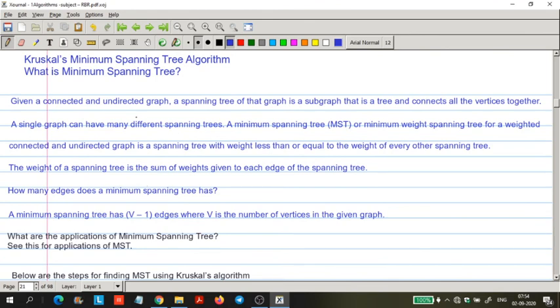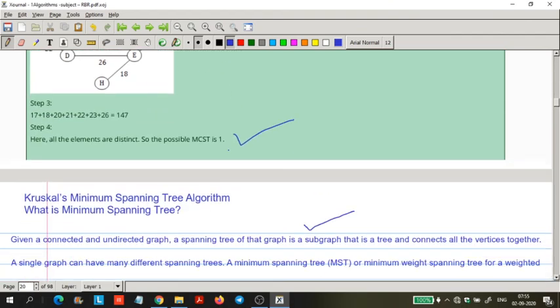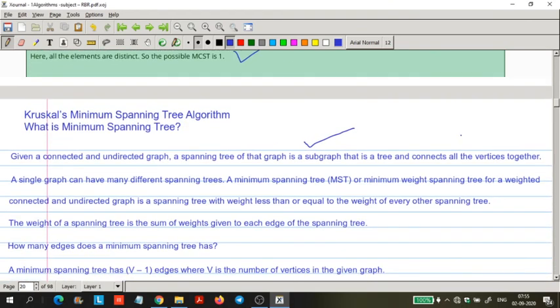Given a connected and undirected graph, a spanning tree of that graph is a subgraph that is a tree and connects all the vertices together. A single graph can have many different spanning trees. A minimum spanning tree for a weighted, connected and undirected graph is a spanning tree with weight less than or equal to the weight of every other spanning tree.